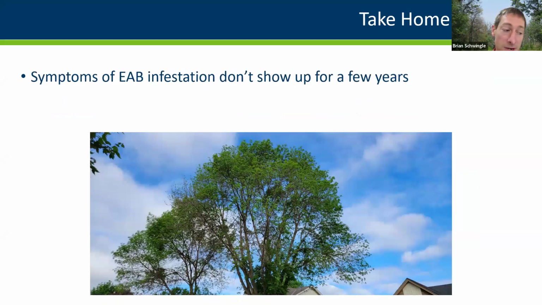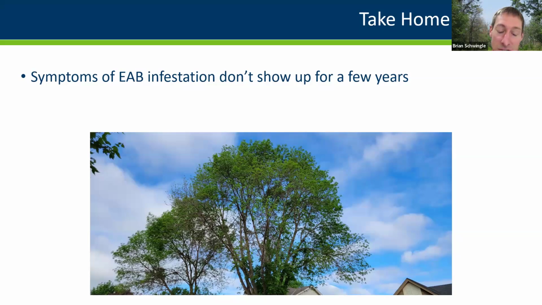With emerald ash borer, it's a very difficult critter to detect because symptoms don't show up for a couple years. By the time symptoms show up, oftentimes it's too late to treat. You can treat an infested ash if less than 25% of its crown is impacted, is dying.